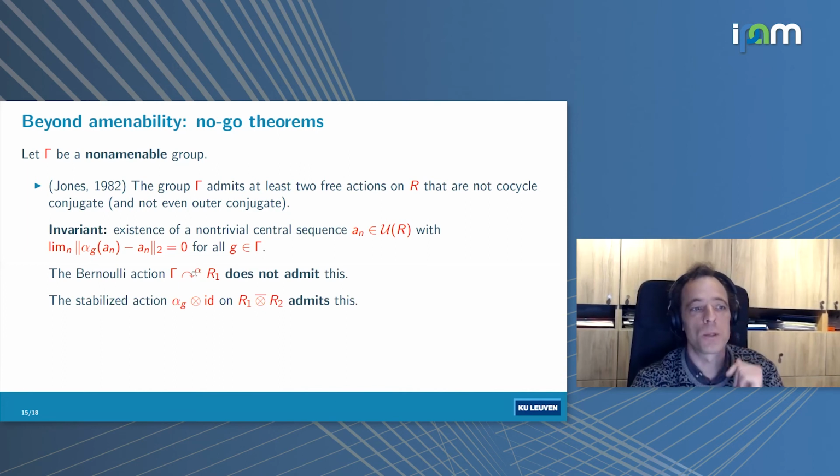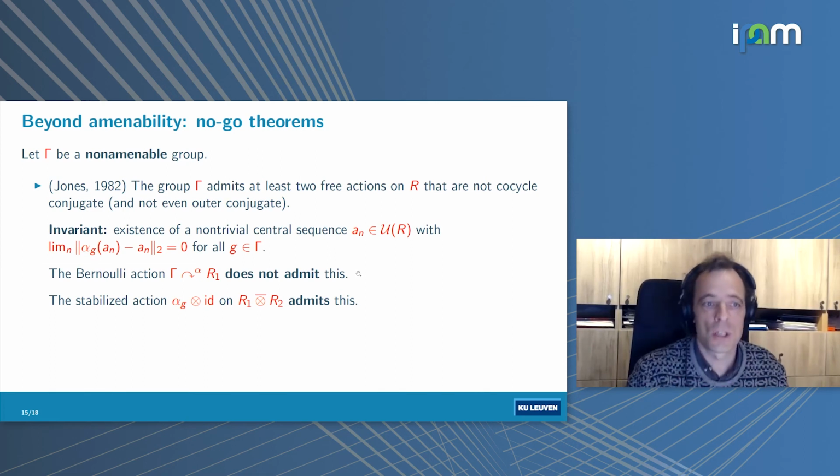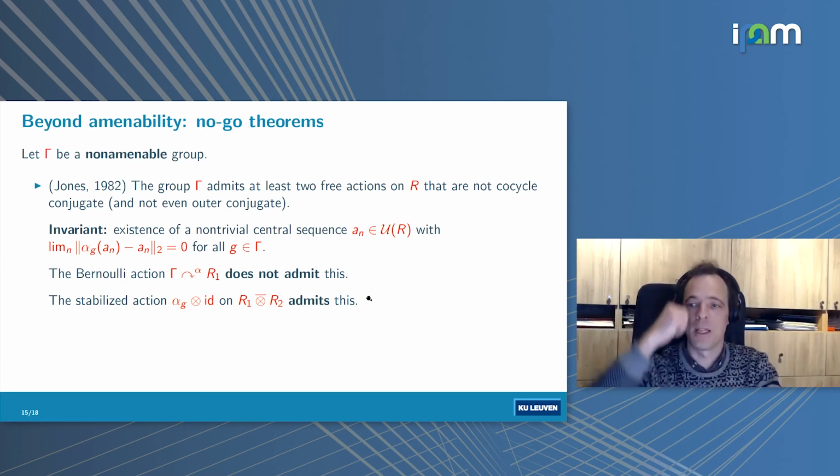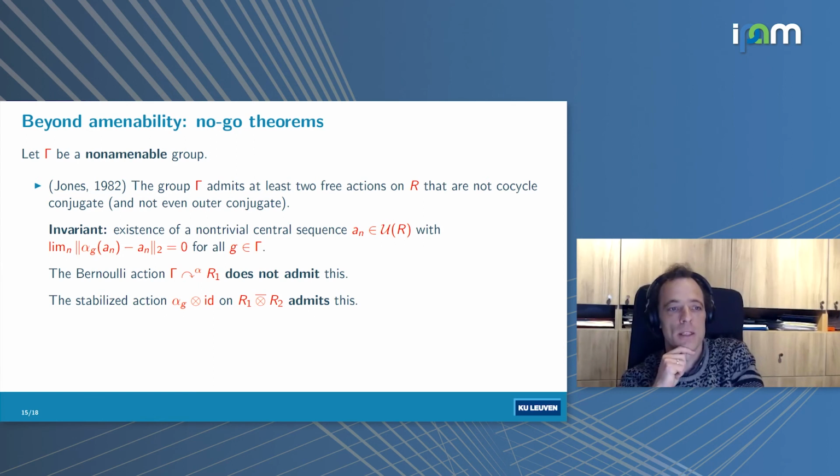Now, if the group is non-amenable, this Bernoulli action that I introduced before does not have such approximately invariant central sequences, while its stabilization does have, by construction, by taking the central sequence in R2, such approximately invariant central sequences.